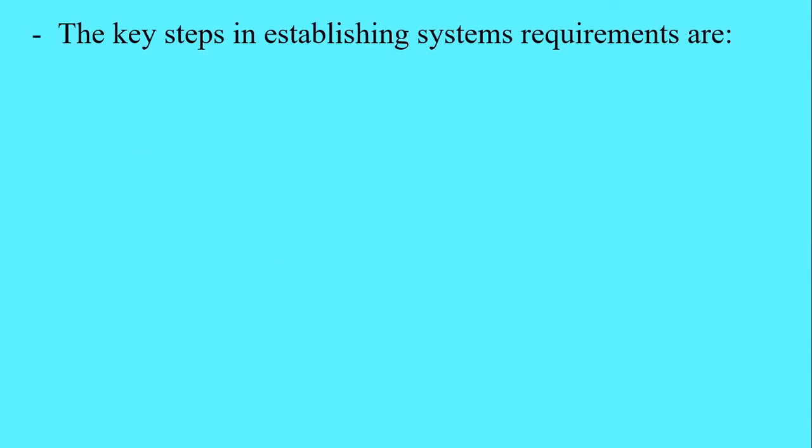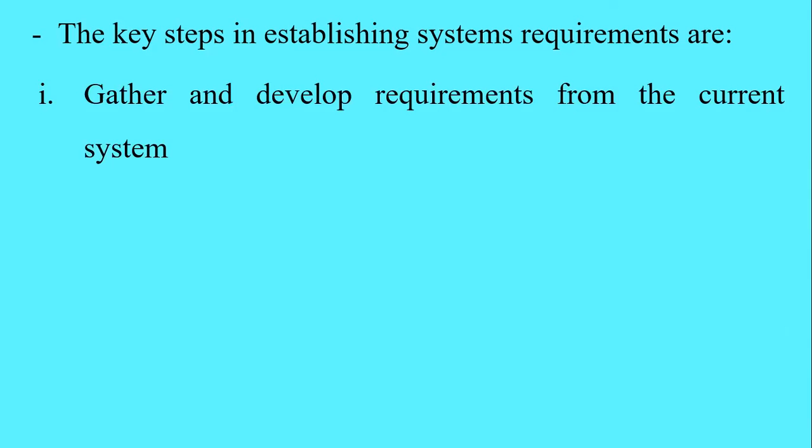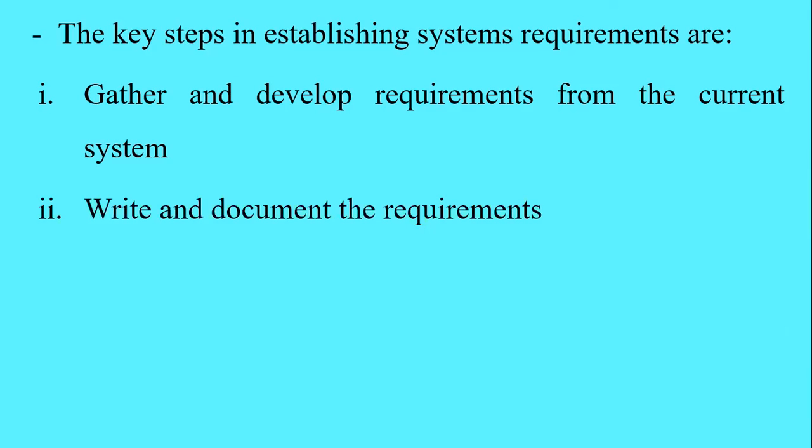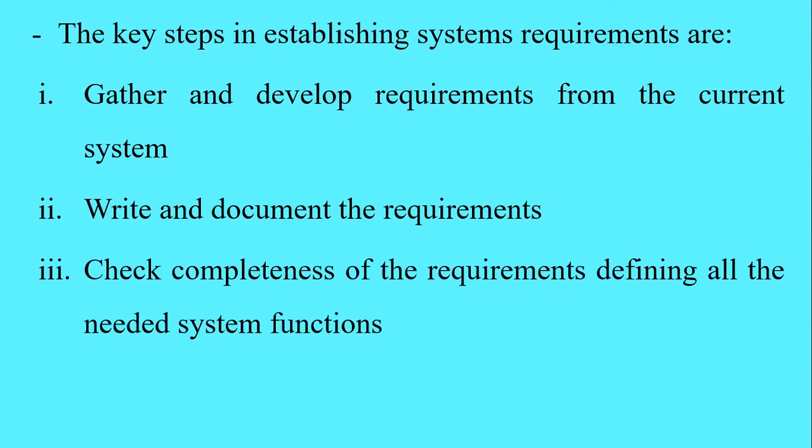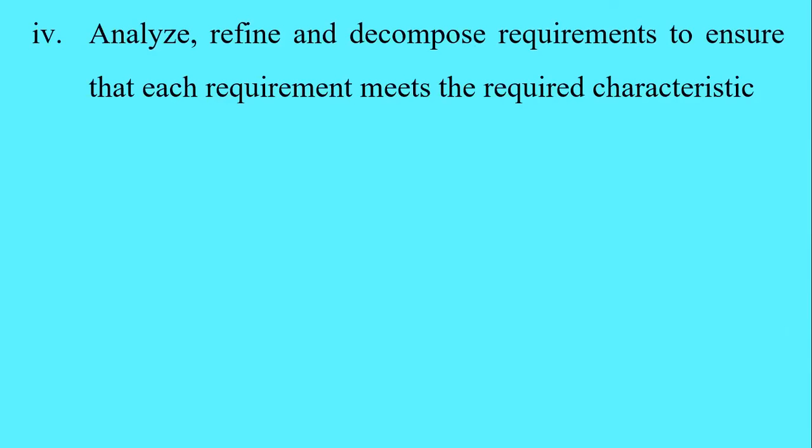The key steps in establishing system requirements are: number one, gathering and developing requirements from the current system. Number two is writing and documenting the requirements. Number three is checking completeness of the requirements, thus defining all the needed system functions. Number four is analyzing, refining, and decomposing requirements in order to ensure that each requirement meets the required characteristic.